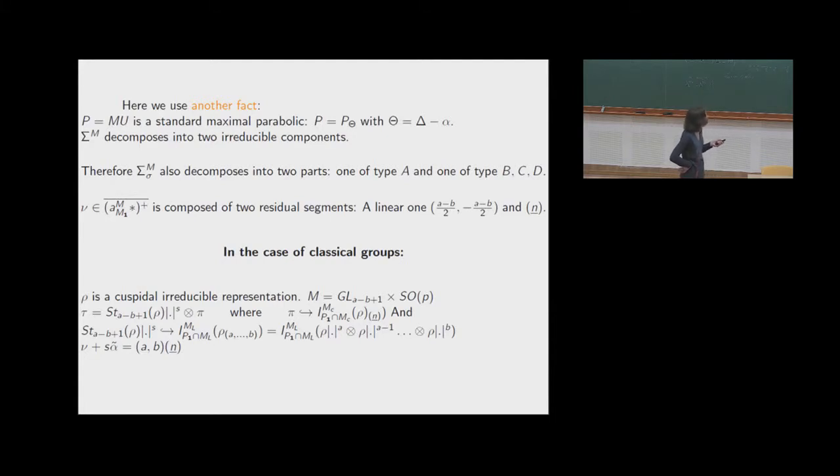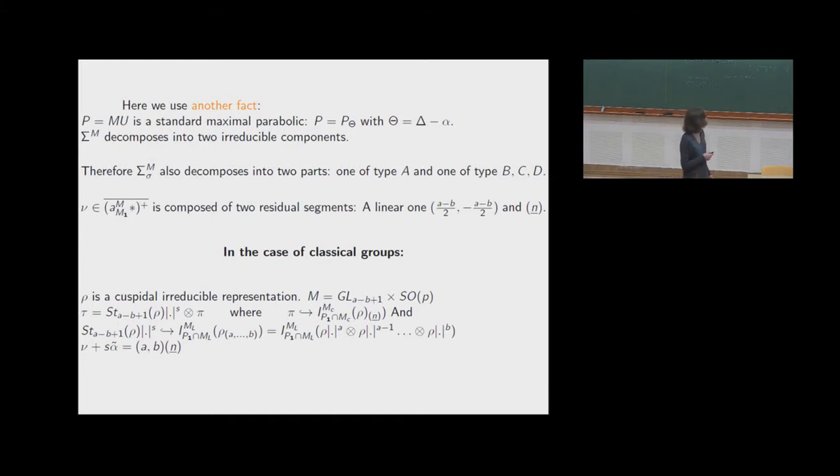Secondly, because I have chosen alpha, I mean alpha is a root which is not in delta, to define this subset theta, I know that sigma m will decompose into two pieces. And it is true as well that sigma m will decompose into two parts.